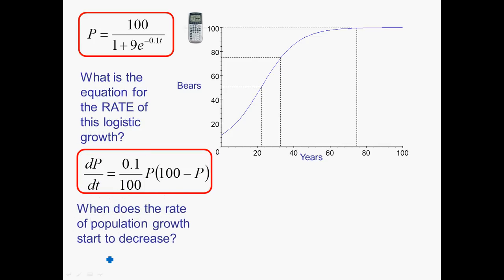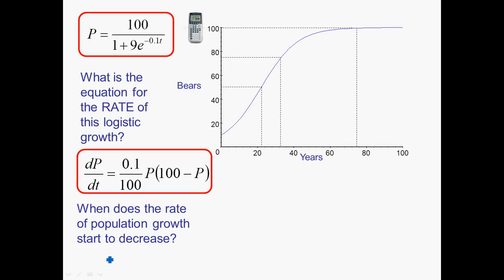So here's a question that might be asked given this differential equation, which, to be honest, for the calculus exam, they're going to ask you more things about the derivative than about the original. So here's the derivative, and they're asking you, when does the rate of population growth start to decrease? So think about that.